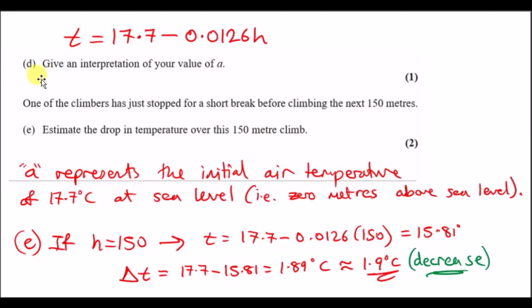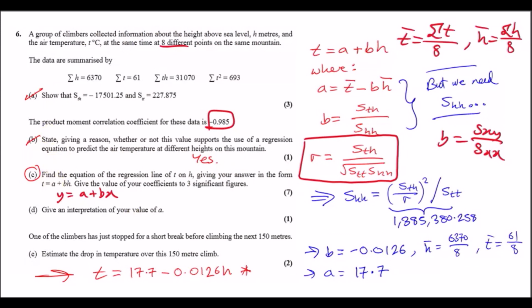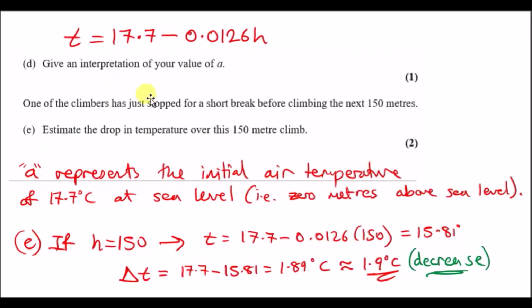So D. Give an interpretation of your value of A. So A is the 17.7. Looking back here, this is the A. What that really tells us, and I put over here, is that A represents the initial air temperature of 17.7 degrees Celsius at sea level, i.e. when 0 meters above sea level. So what that means is that you have to assume that H is 0.